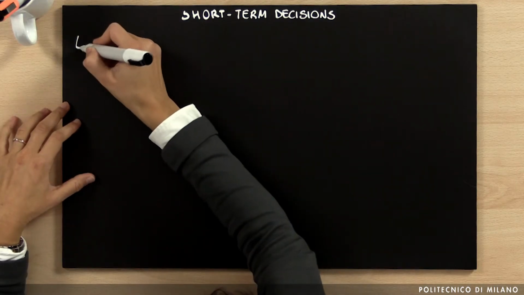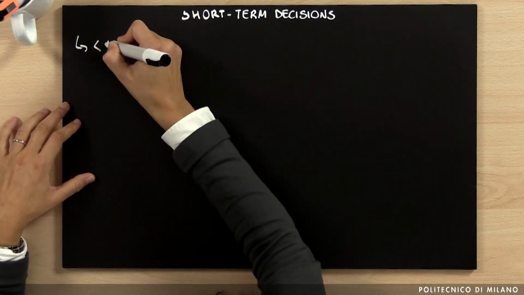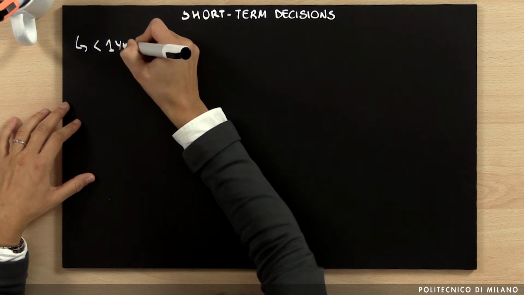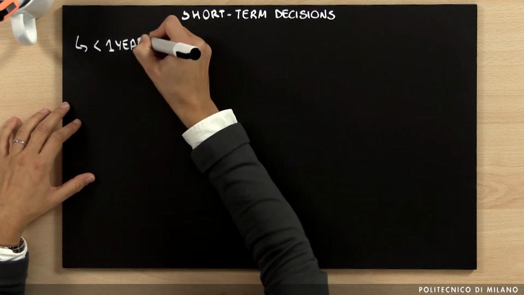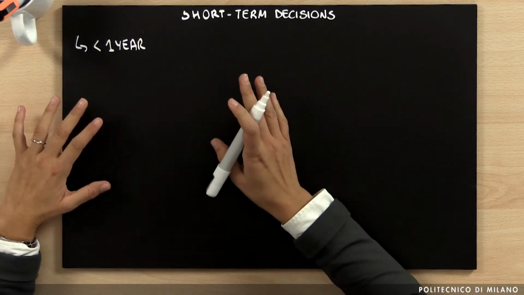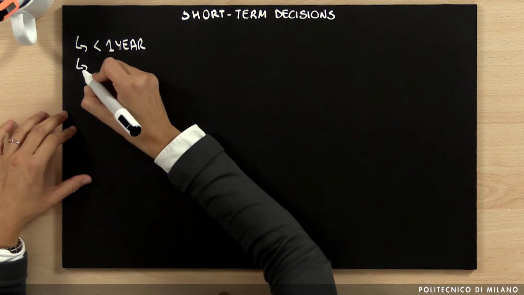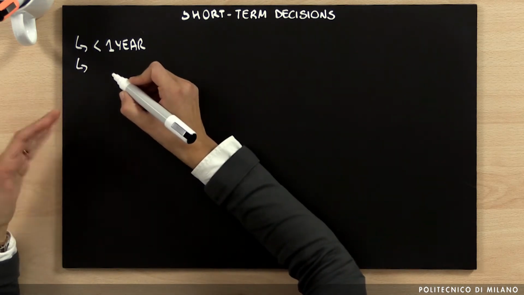We can identify two distinctive characteristics of this type of decision. The first one is that the impact of this kind of decision is limited. Usually we are talking about an impact which is lower than 1 year. The second distinctive element is that they do not require additional investment.